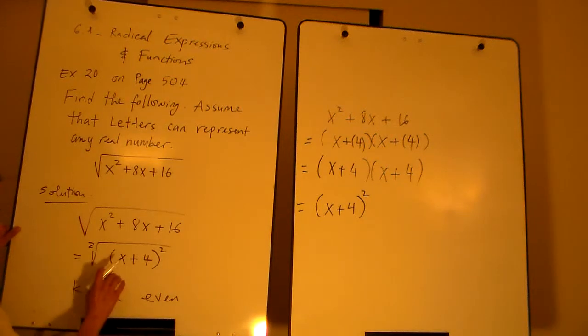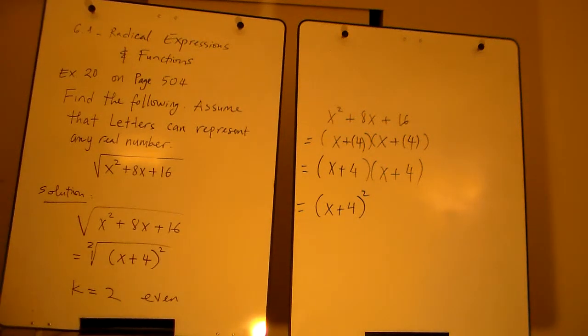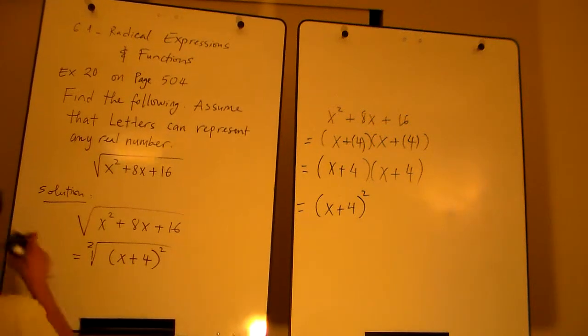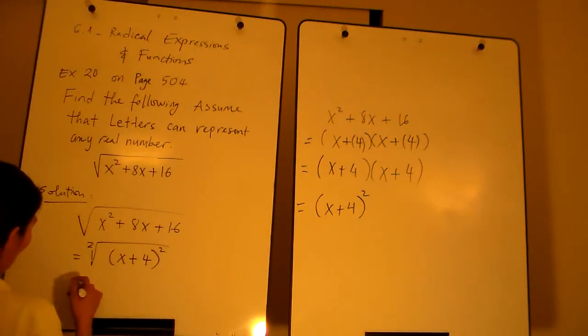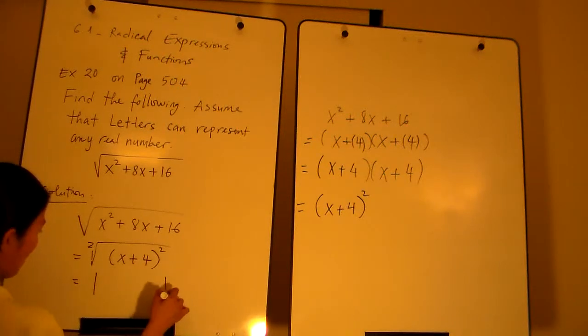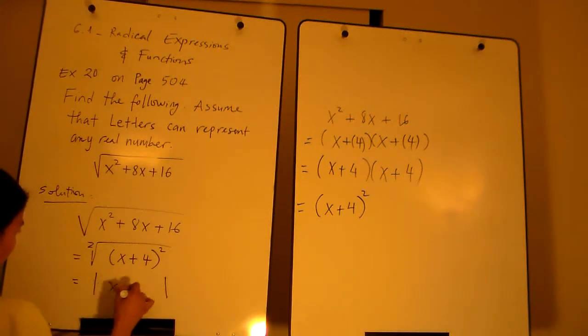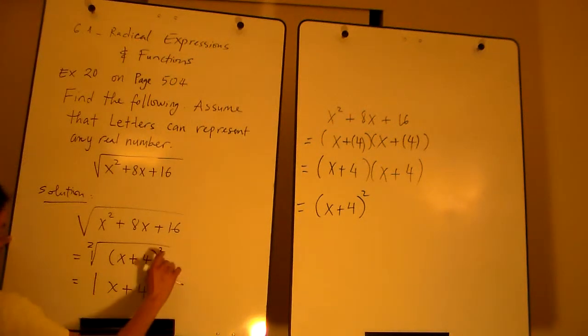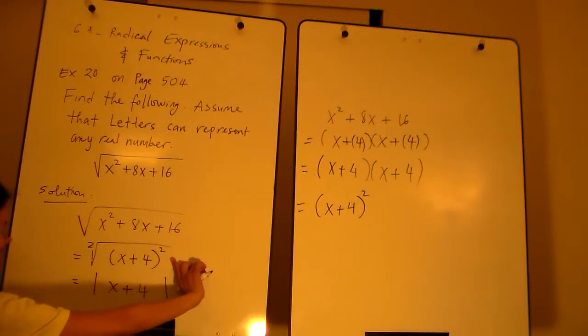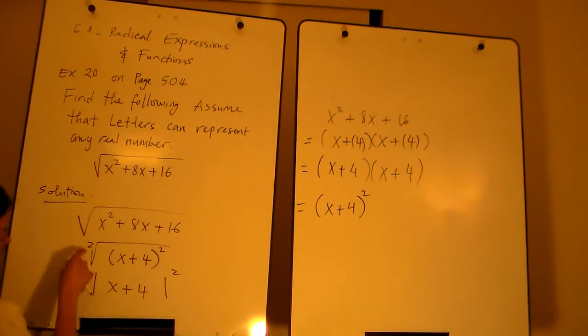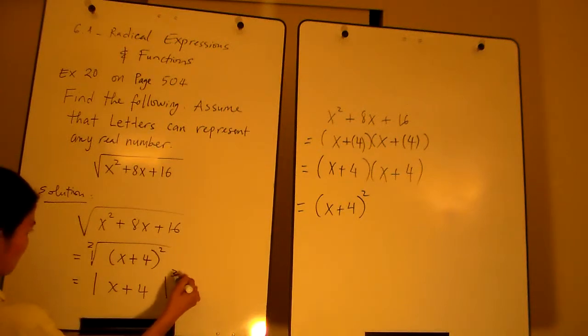That means when you simplify this even radical, we will use the absolute value. So when you simplify this, you will have the absolute value of x plus 4. The exponent, the 2 right here, goes on top. The index k, the 2 right here, goes at the bottom.